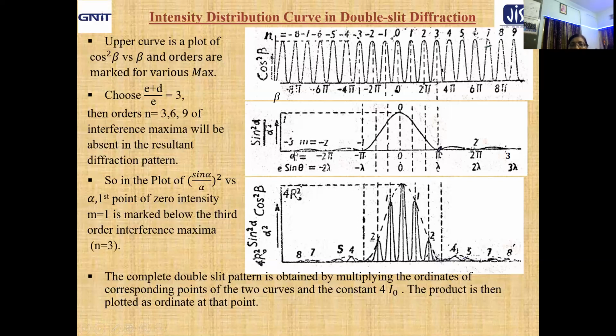Okay. You can plot I versus alpha, you can plot I versus beta in case of double slit diffraction, because you are scaling, matching rather the scales of alpha and beta to have final I, because here sine square alpha by alpha square, there you have alpha, here you have cos square beta, the term is beta.